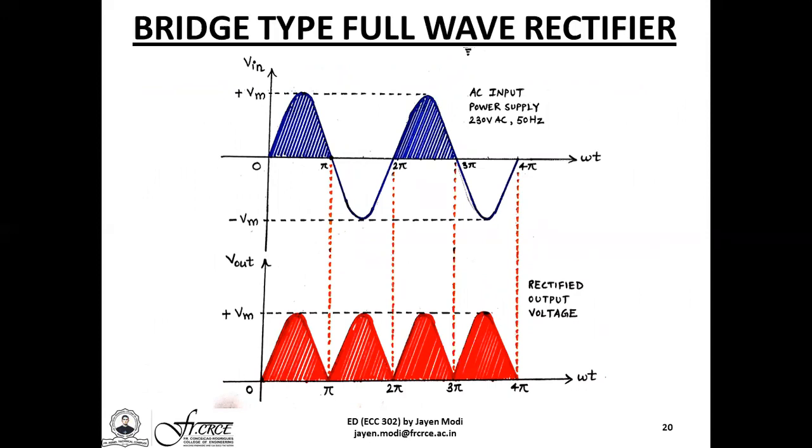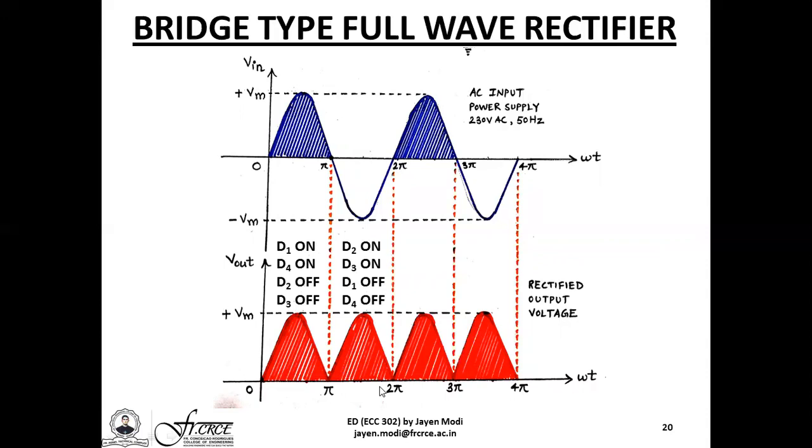For the first half cycle from 0 to pi, we have the rectified DC output voltage in the same way from 0 to pi, but the only difference here is that you have two diodes on and two diodes off. So D1 and D4 were on, D2 and D3 were off. But for the half cycle from pi to 2 pi, we had D1 and D4 off, D2 and D3 were on.